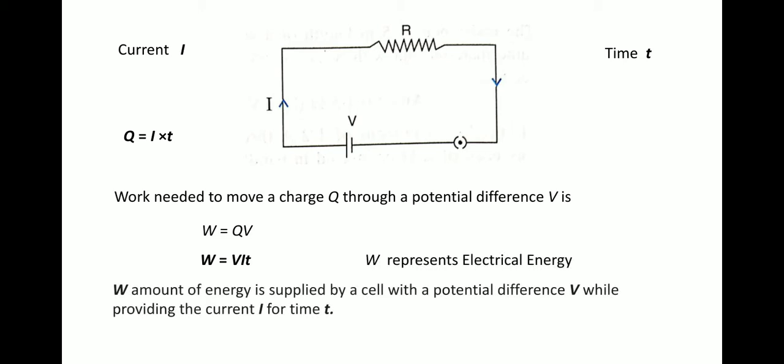So W amount of energy is supplied by a cell with a potential difference V while providing the current I for time t. From Ohm's law, we know that V is equal to IR. Thus, W is equal to VIt.